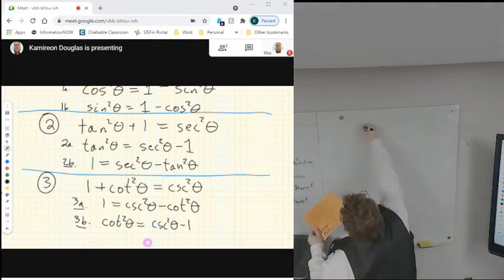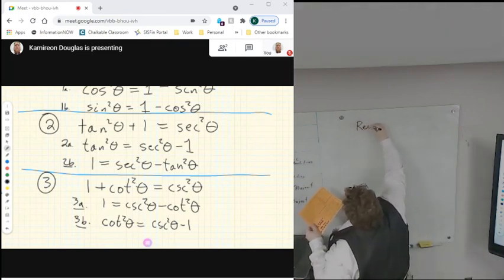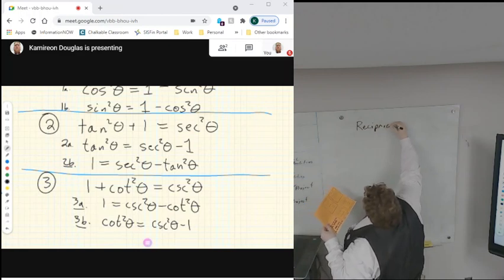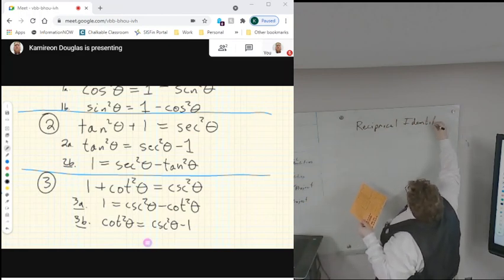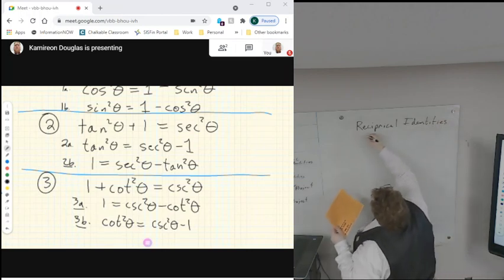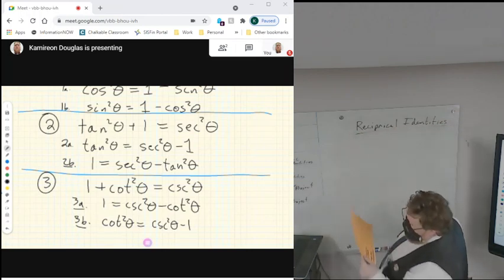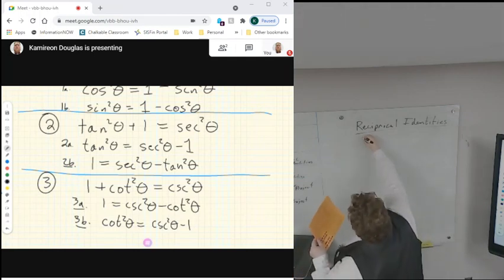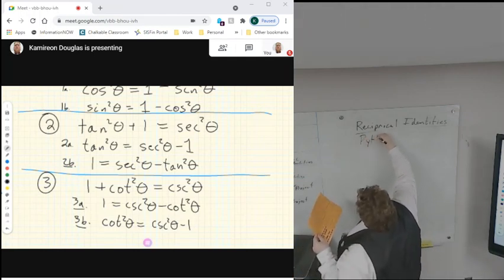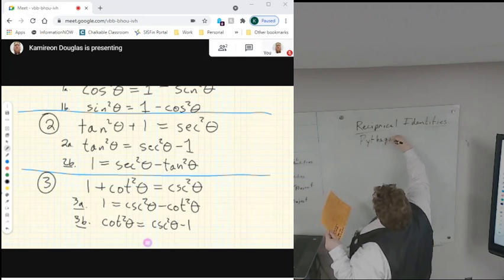The reciprocal identities. So, you need to know the reciprocal identities and the Pythagorean identities, including their alternate forms.